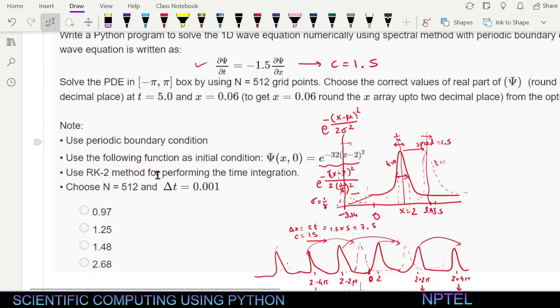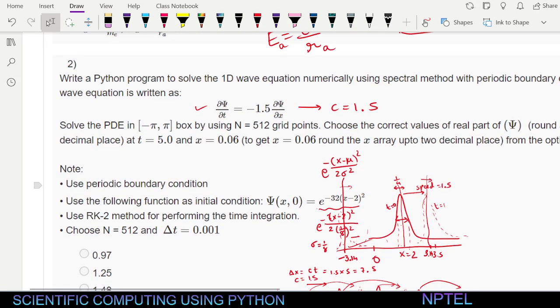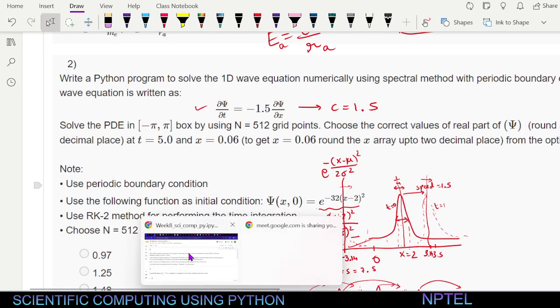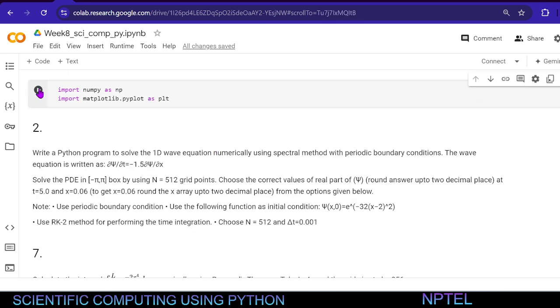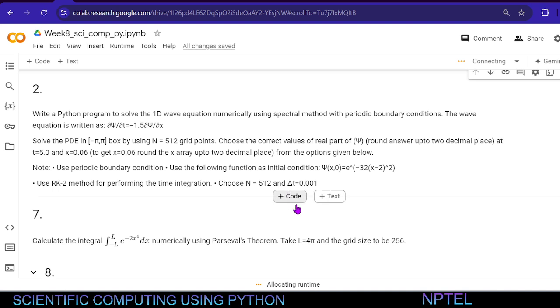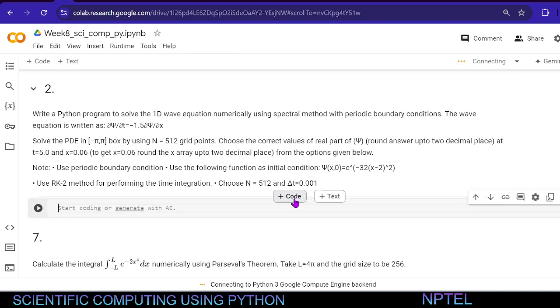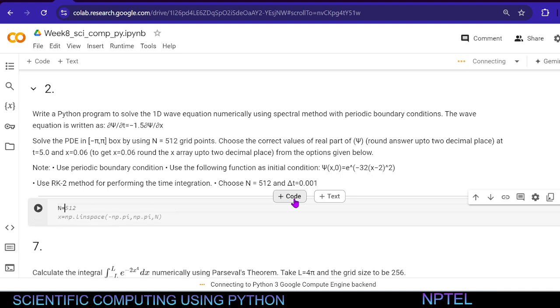so now let's do it in Python. So let's import numpy and matplotlib. Let's write all of the parameters.